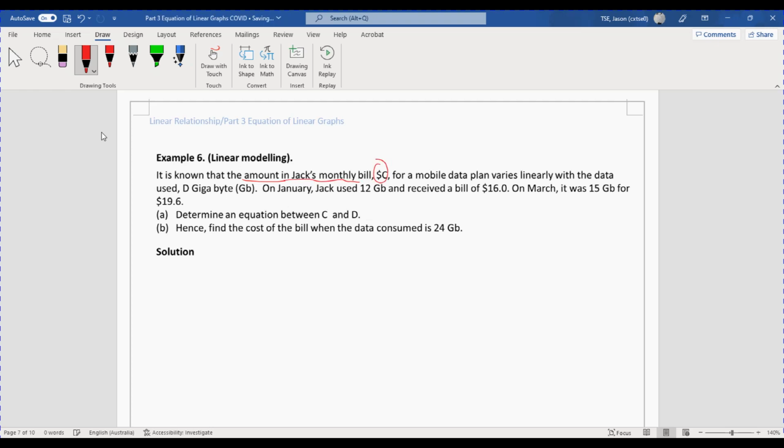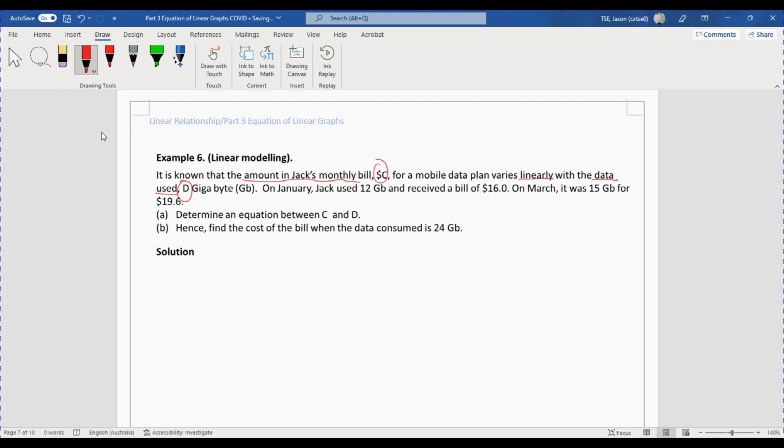So this is C. Varies linearly with, you see the word linearly, that means a linear relationship, with the data used, in gigabytes. So you see the other quantity, there must be two quantities, with the data used is D.